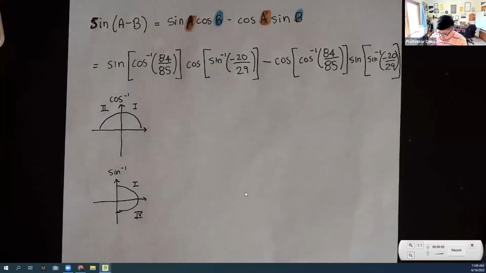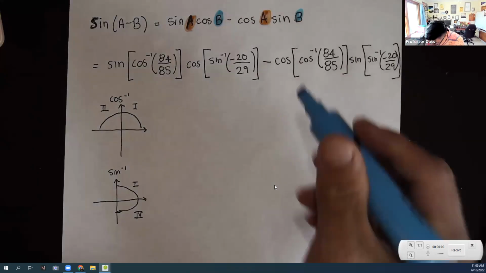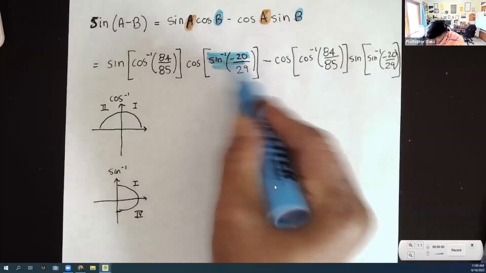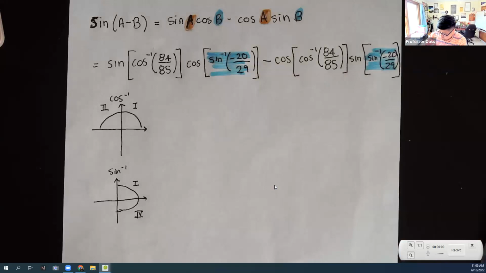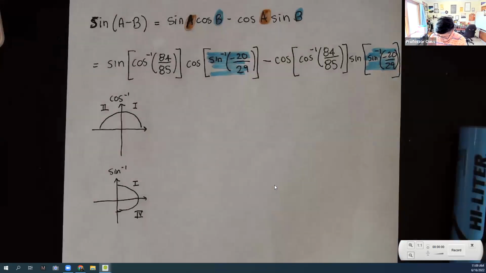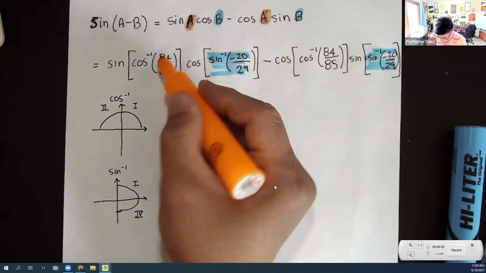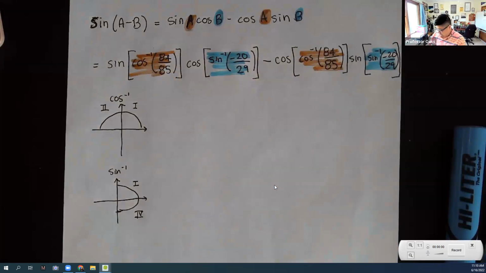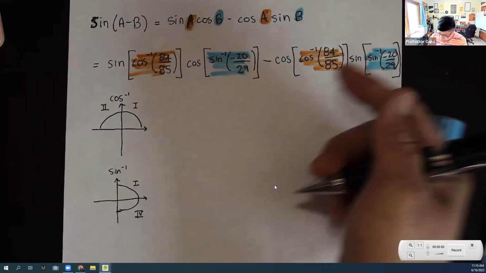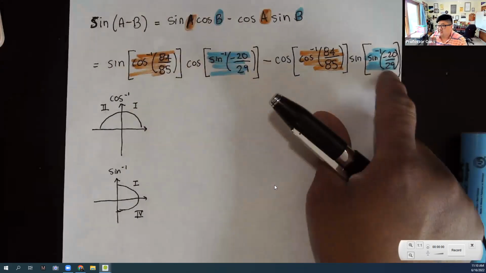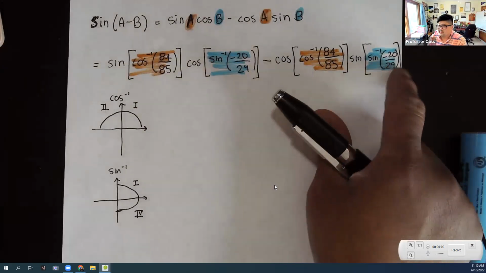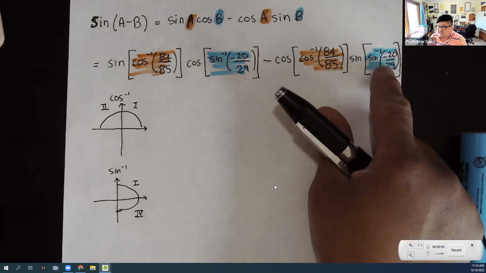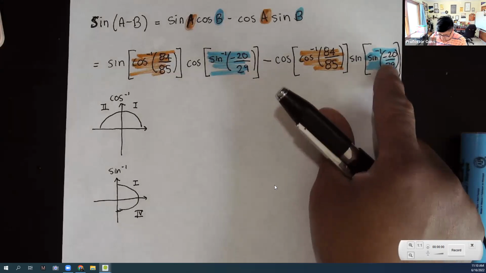Which ones were which? I should have highlighted them again, and I don't remember which ones were which. All right, so this was the B, right? And this was the A. So do you notice that because the sine inverse has a negative 20 over 29, that means it's in quadrant four.